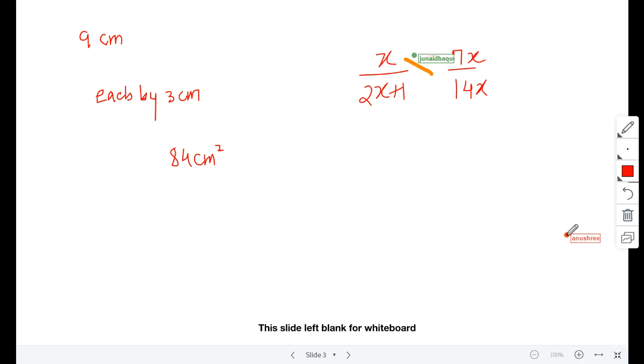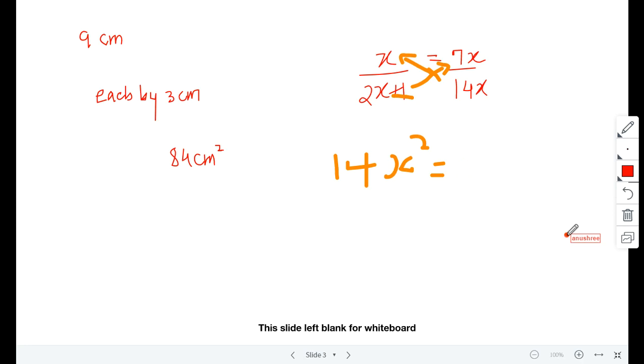Do you want me to do cross multiplication? Yes. So x times 14x, which will be 14x squared. What is this, is that plus 1?